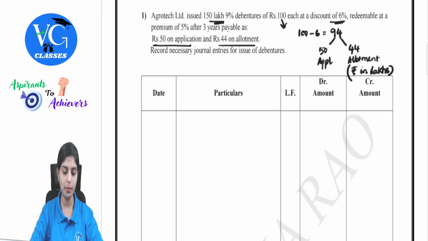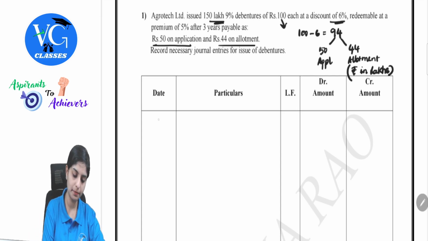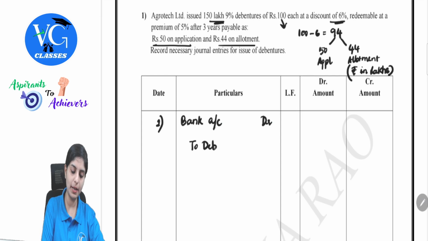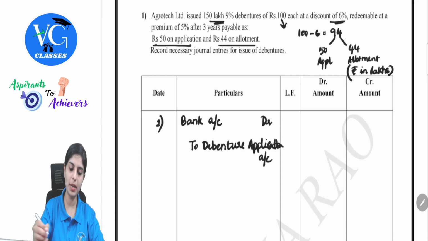So what would be the first entry? This is done in installments. There is no impact on application. So first entry will be bank account debit. This is for receipt of application to debenture application. So what would be the amount?